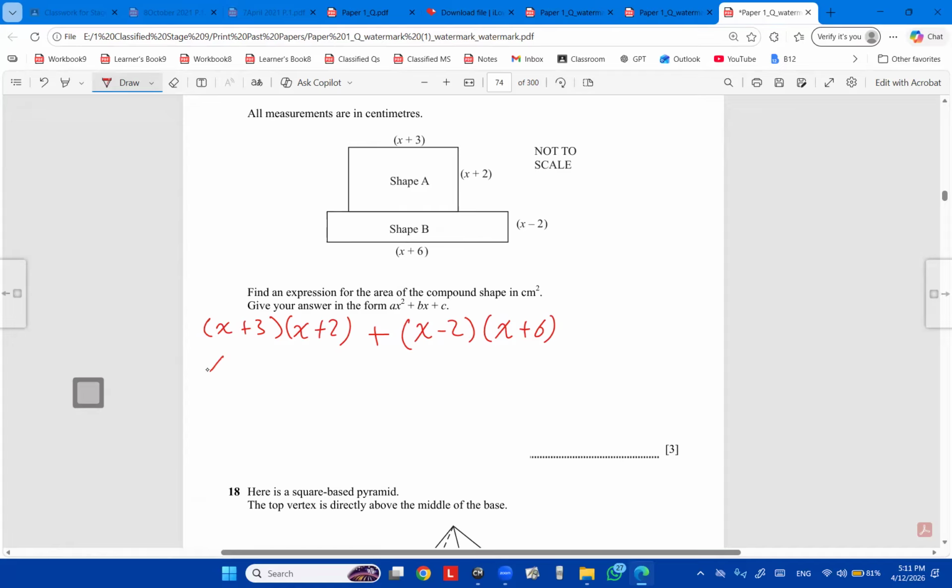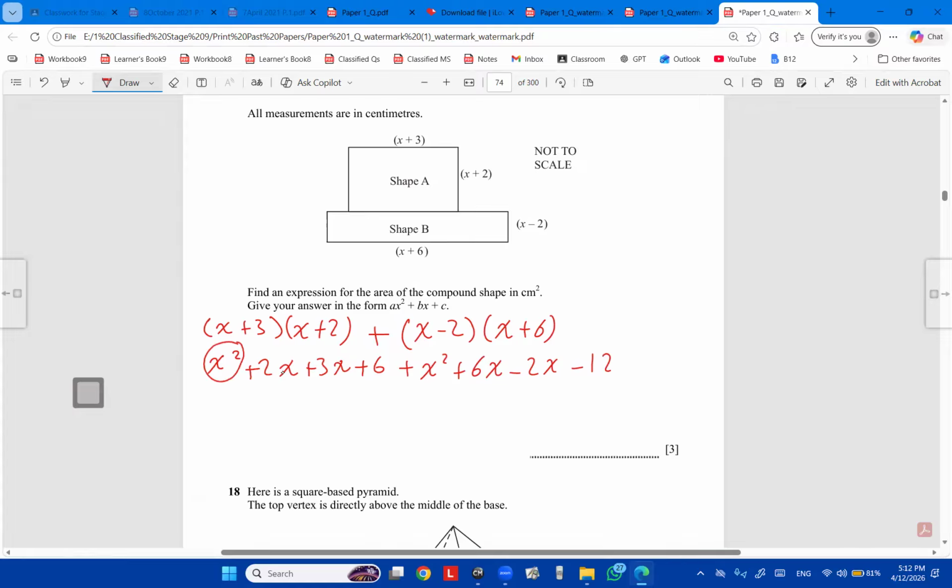X times x is x squared, x times 2 is 2x, then 3x, then plus 6, plus x times x is x squared, x times 6 is 6x. Negative 2 times x is negative 2x, negative 2 times 6 is negative 12. Collect like terms.